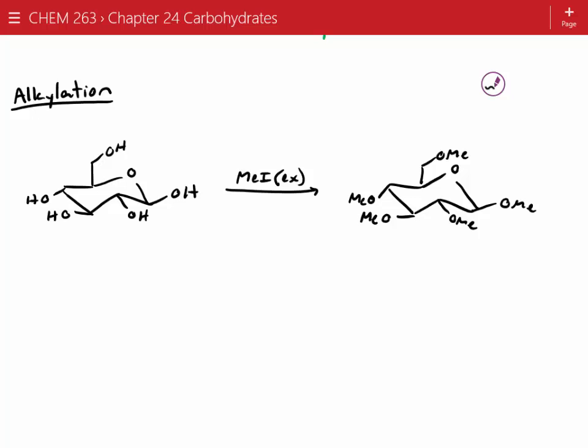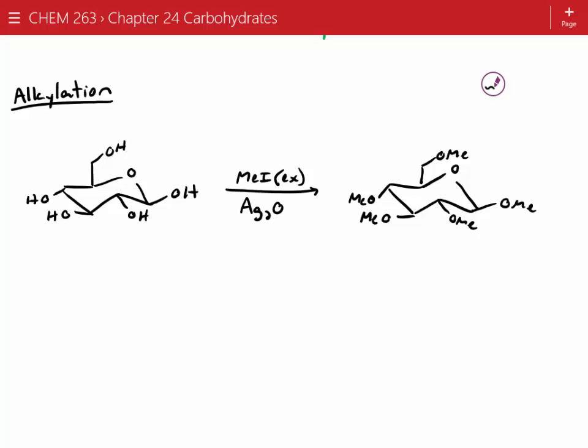And there's also one other thing we need to do, because if you think about when these alcohols attack methyl iodide, there's still a proton on the alcohol, so we need to add in a weak base. And in this case, it's a very specific base for this reaction. It's silver oxide. That way we prevent epimerization.